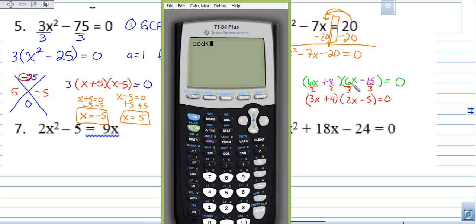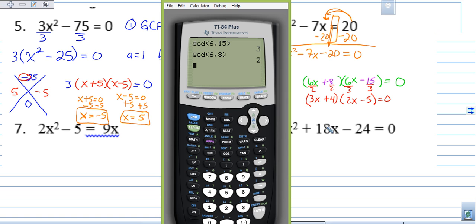And then for 6 and 15, I'll type 6, comma, 15. Close parentheses, press enter, and it'll tell you that 3 goes into it. If you wanted to do it for 6 and 8, you just repeat the process. Math right 9. You use 6, comma, 8, close parentheses, enter, and you get 2. So that's where I got the 2 from. This is where I got the 3 from.